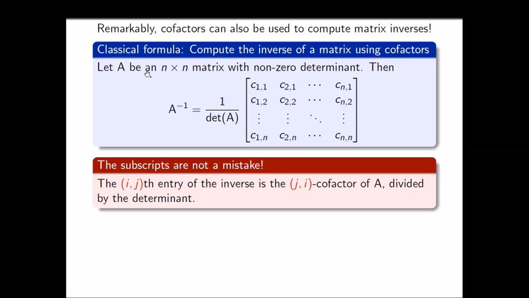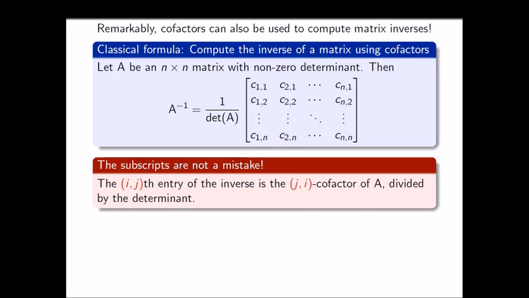So if A is an n by n matrix with non-zero determinant, then it's invertible, and the inverse of A is given by 1 over the determinant of A times the matrix given by the cofactors. You have to be a little careful, because the ijth entry in this matrix is actually the j, i cofactor of A, all divided by the determinant.